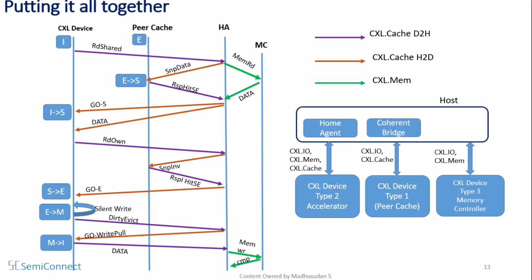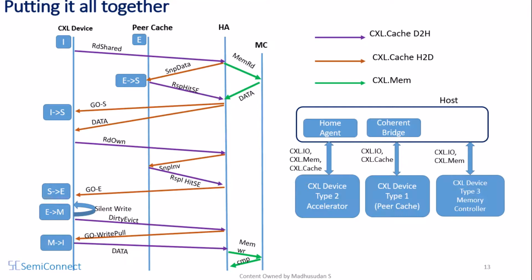Okay? So here you have the home agent that is shown inside the host, and then there is a coherent bridge through which the coherent accesses go to the devices. There are 3 types of devices shown. The first one is the type 2, which is an accelerator.